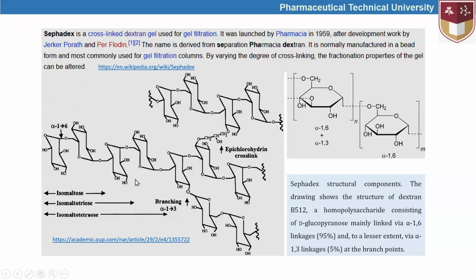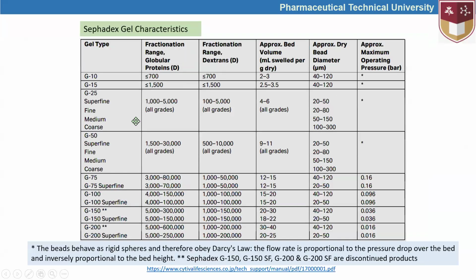So it is also cross-linked, and the cross-linked material of dextran is termed Sephadex. It is produced by Swedish Pharmacia, one of the largest exporters of chromatography tools and solvents. This is also very effectively used for the purification and isolation of proteins and peptides for research purposes. And here we can see characteristics of different types of Sephadex.